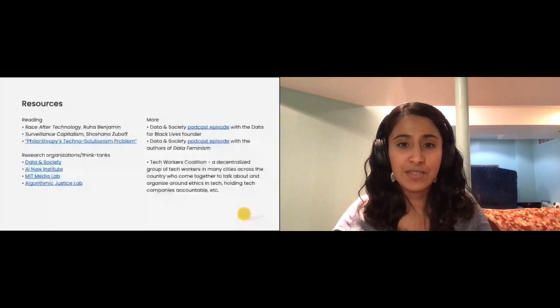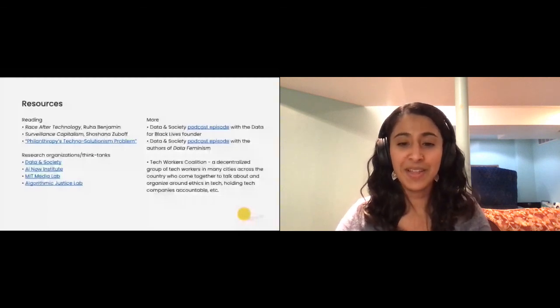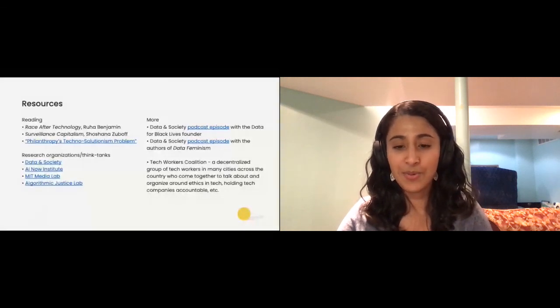The organizing that people do over the course of years and decades helps set the stage for changes to come later. So they're really fundamental for at least my theory of change, and it's important to be able to support them.